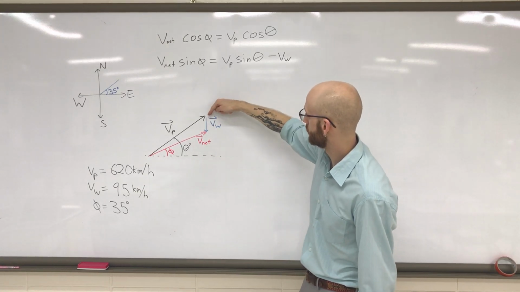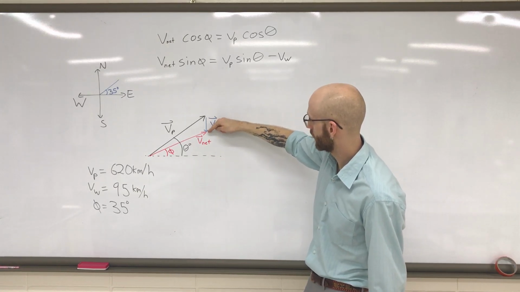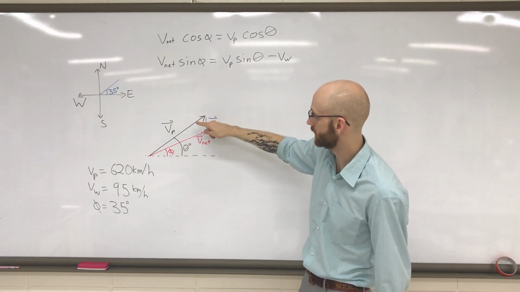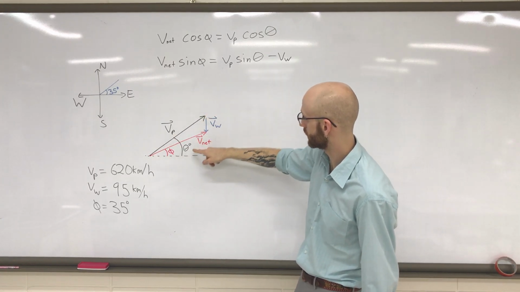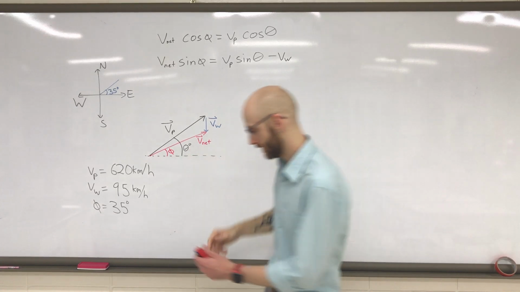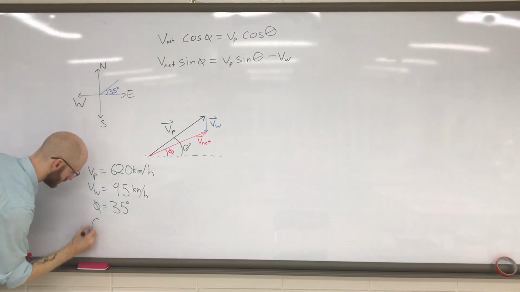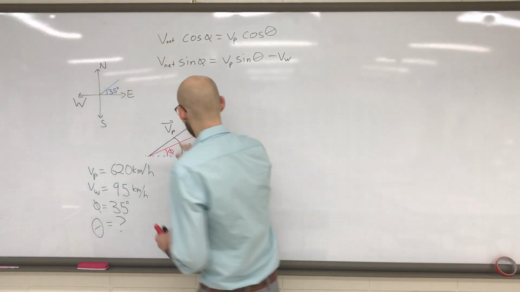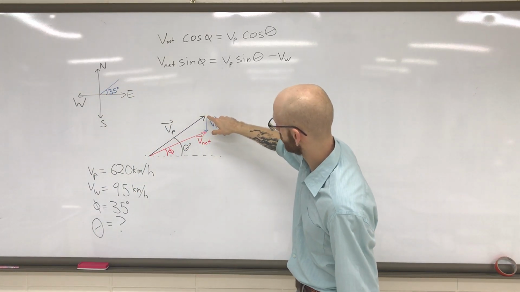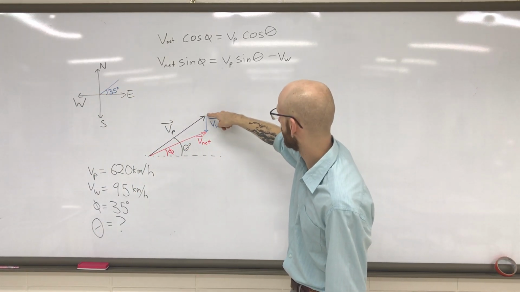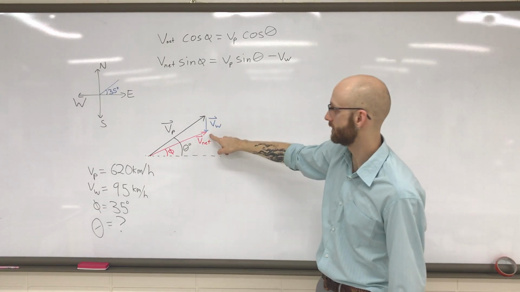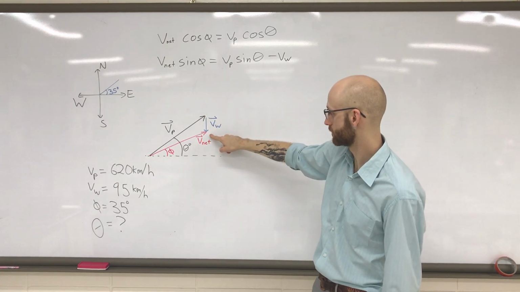Now, we know the wind is blowing down. So we know the plane's velocity, which we know the speed, but we don't know the direction. That's why we don't know this angle theta. Theta is actually what we're looking for. But we know that the sum of whatever that velocity vector of the plane is and the wind velocity vector should give us the net velocity that we desire.